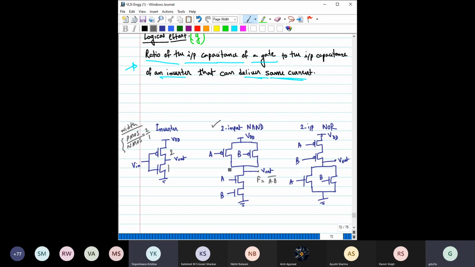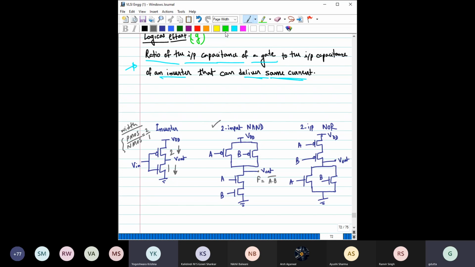But the constraint here is that the driving capability of this PMOS and this NMOS is eventually the same as that of the inverter.